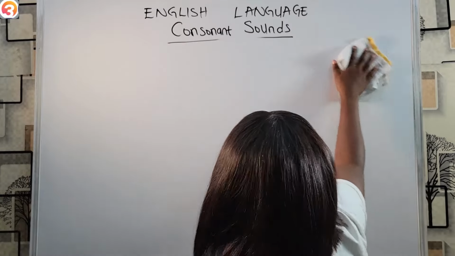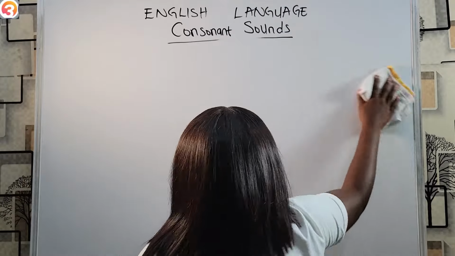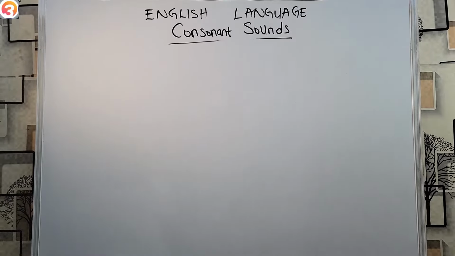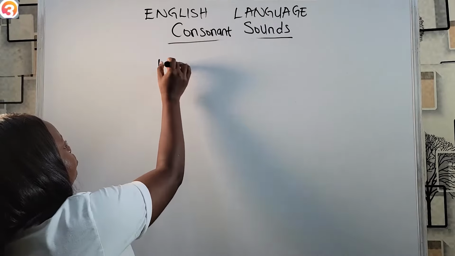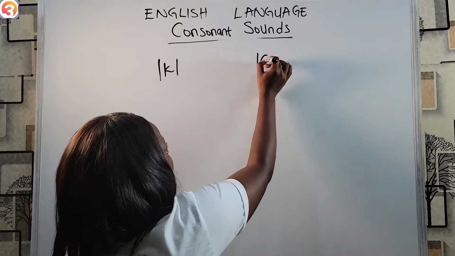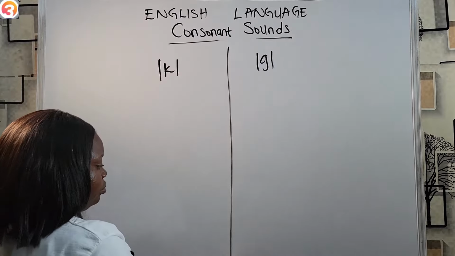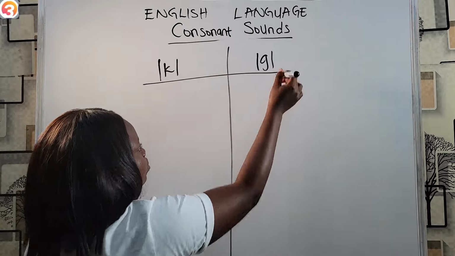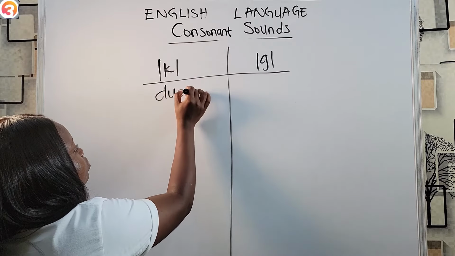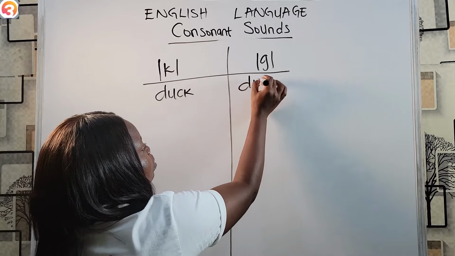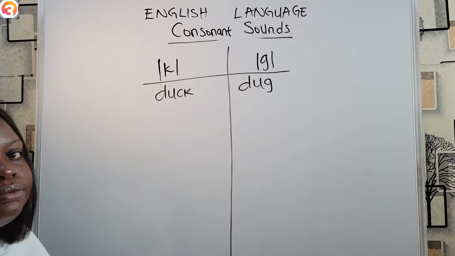In comparing these consonant sounds using minimal pairs, here we could have words like duck, dog.